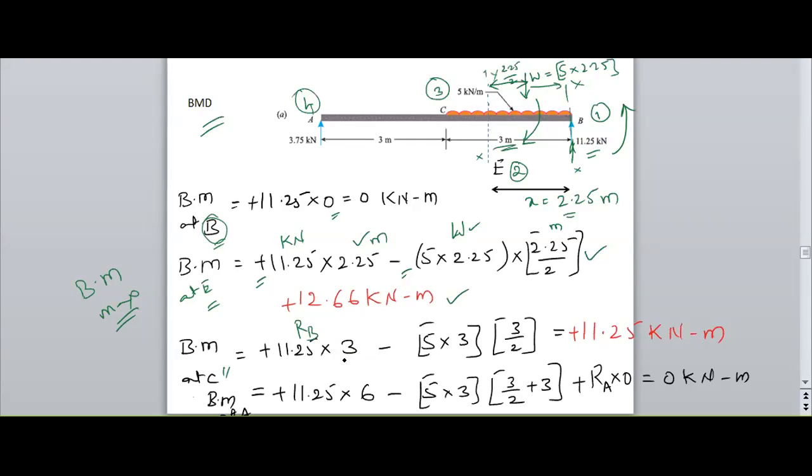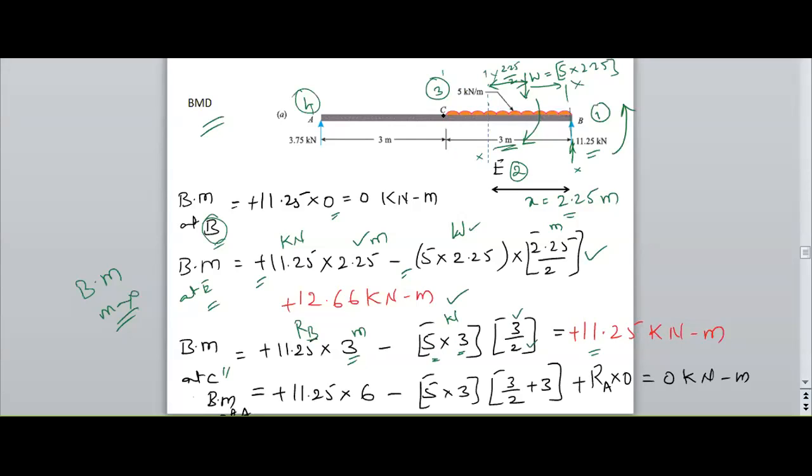Next, the total UDL needs to be considered from C to B. Therefore, the UDL is 5 into 3, the point load converted from the UDL, and the distance from C is 3 by 2. Substituting all the values, I am getting a positive 11.25 kilonewton meter.